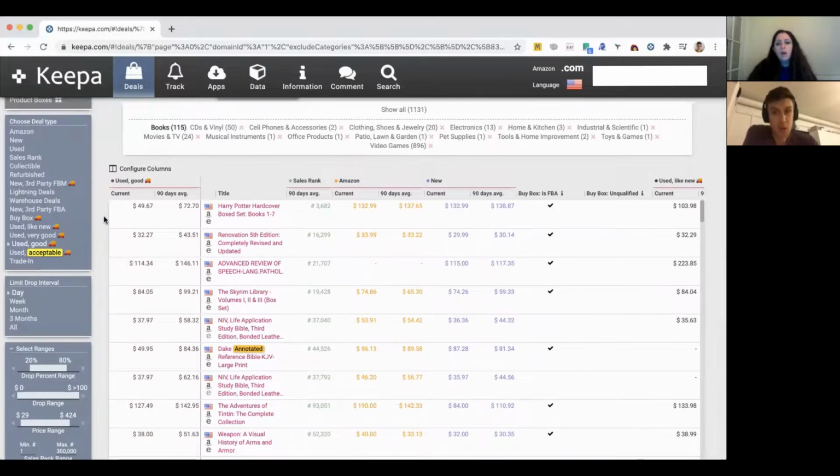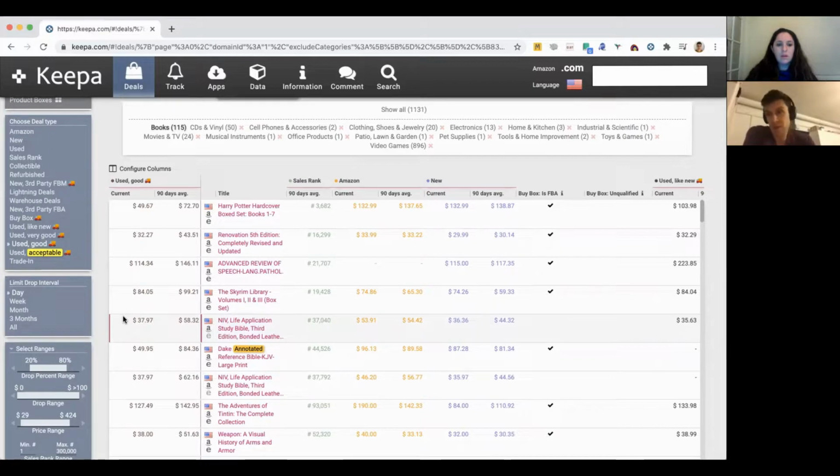I've configured it so that I can compare the current price, the dropped price, against the 90-day average, which is super useful, because if we see one here that's say $20 and the 90-day average is 60, we can be quite confident that's a profitable book to buy.